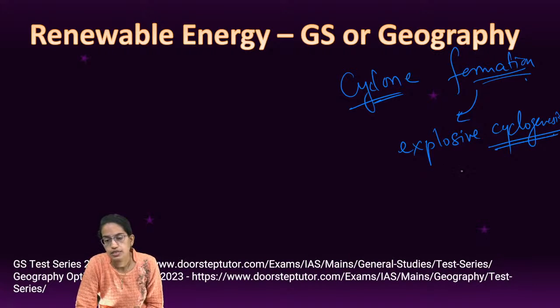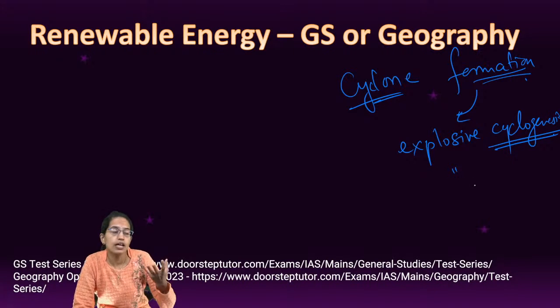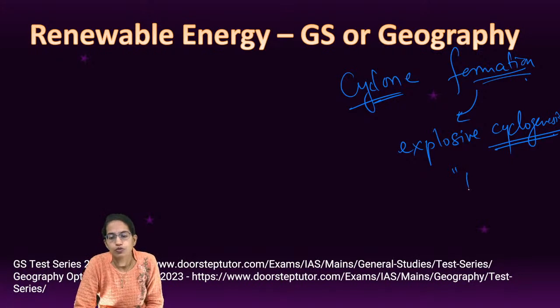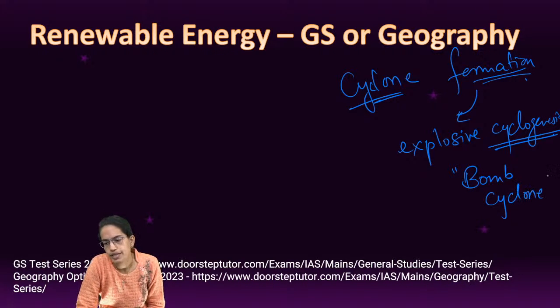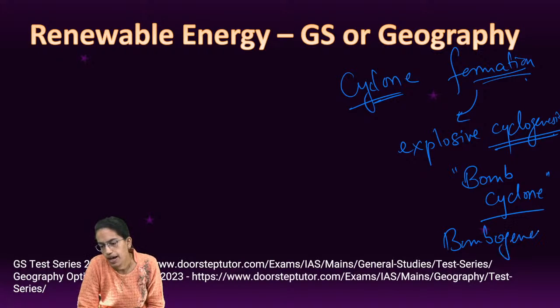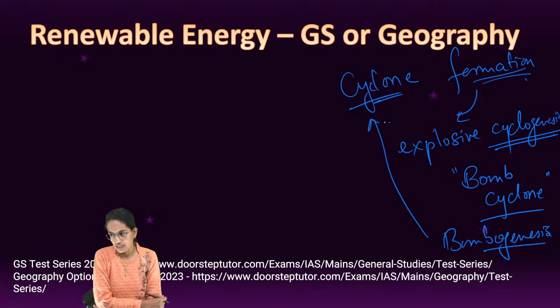Explosive cyclogenesis is all of a sudden when low pressure meets with high pressure around a difference of 24 millibars in 24 hours. So we call it a bomb cyclone. Now bomb cyclone, which is also known as bombogenesis, could be put up as another case study in your answer on, or a question on cyclone.